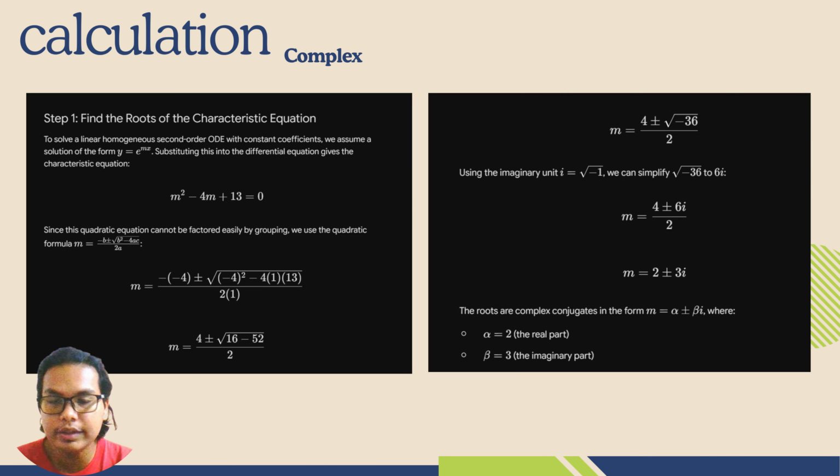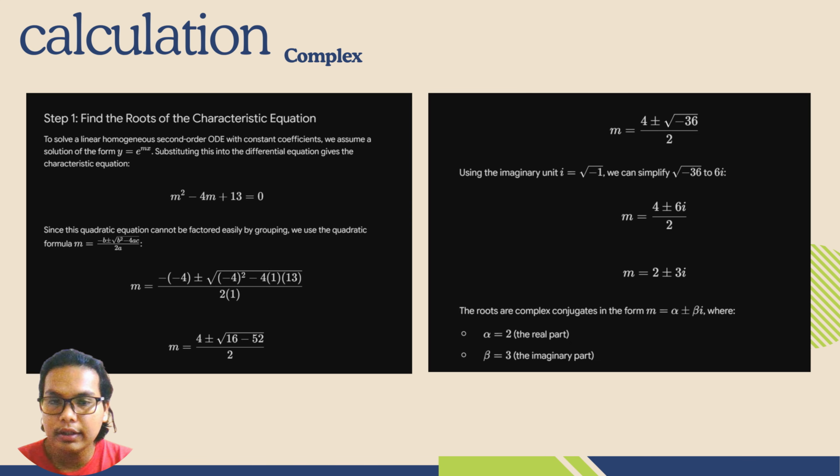The first step that we need to do is we put these values in a quadratic equation, which will be m equals to negative negative 4, which will be positive 4, plus minus square root of negative 4 power of 2 minus 4 times 1 times 13, per 2 times 1. When we calculate this equation, particularly for this question, we will get the imaginary unit, which is imaginary unit i equals square root of negative 1.